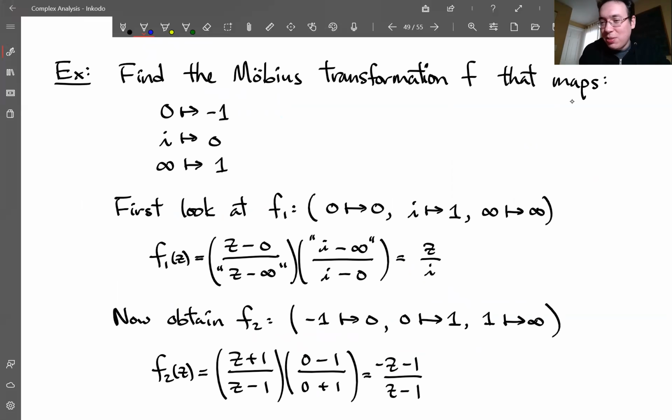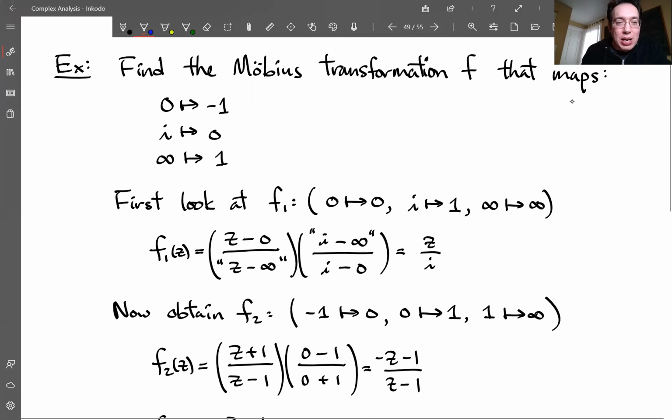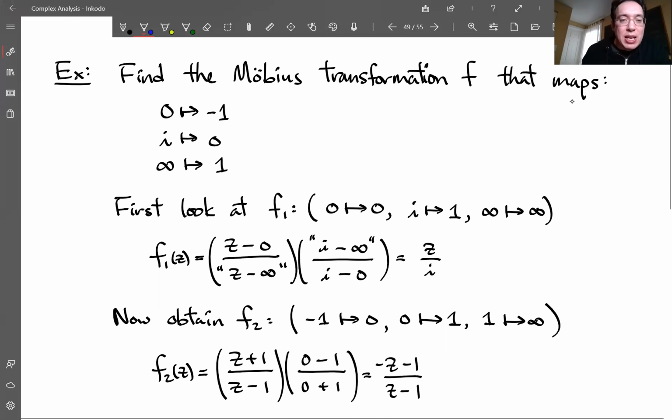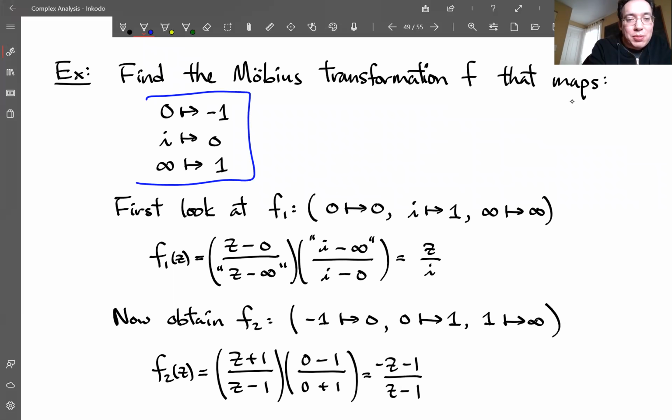Let's see if we can do this actual computation with an example. Okay, so let's say I want to map 0, i, infinity. So I just chose 3 complex numbers from the extended complex plane to -1, 0, and 1.